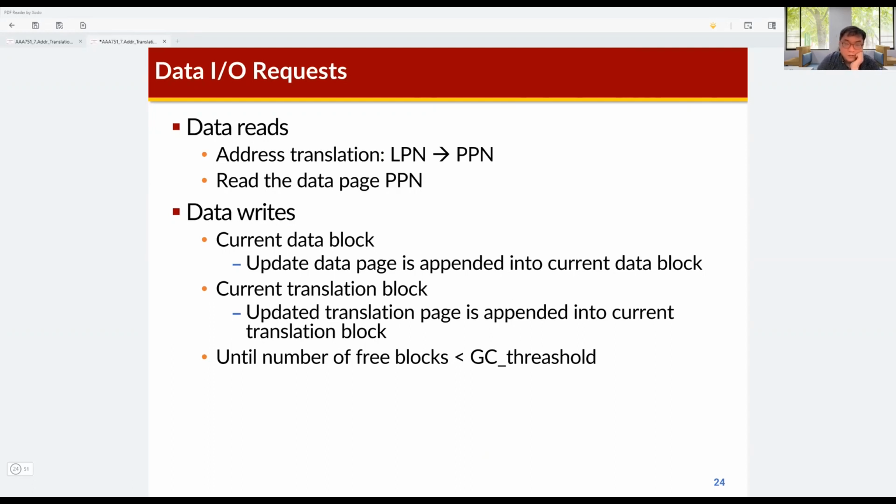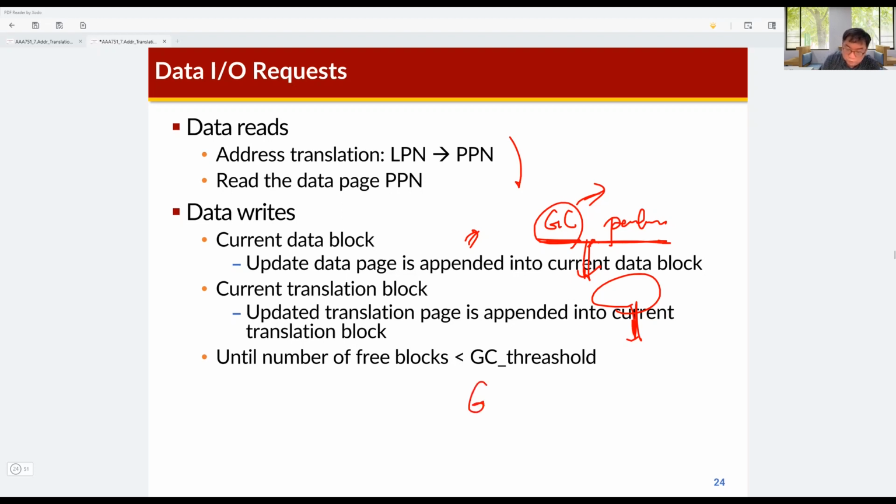So actually data reading is very simple for this Dftl, but data write can be a little bit complex compared to the data read. And it's also the same for the other FTL mechanisms, but when the garbage collection is performed, this garbage collection may cause very high performance overhead. Because what is the garbage collection? With the garbage collection, the address translation information is updated.